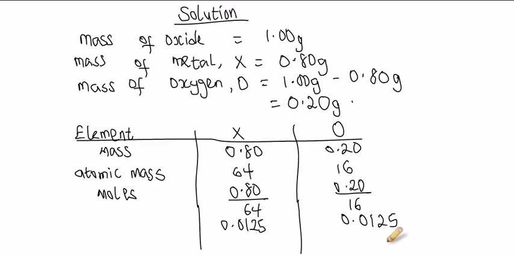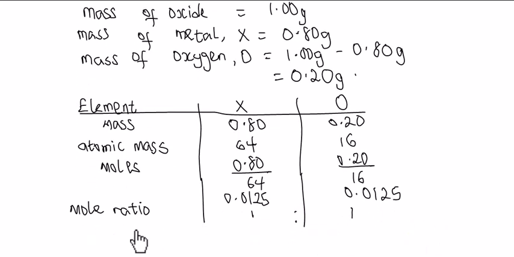So the mole ratio will be 1 to 1. If we divide 0.0125 by 0.0125 itself, we have 1, the same thing applicable to this. So we have 1 ratio 1, and this will serve as the subscript to the formula.